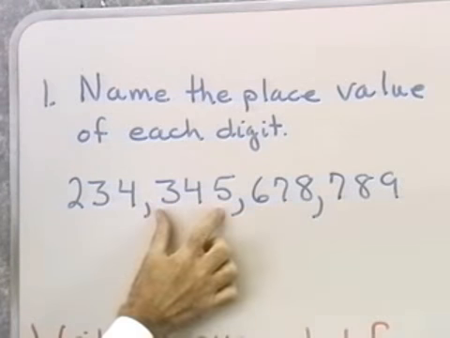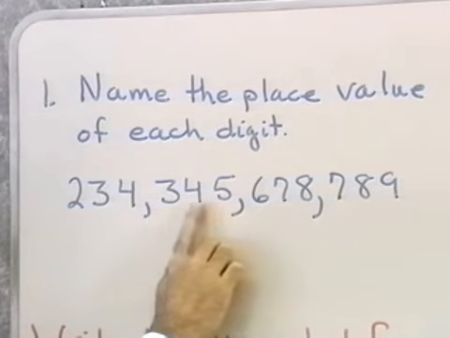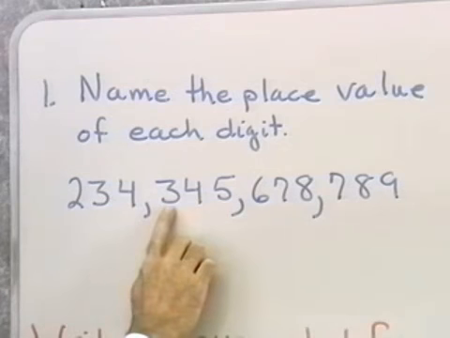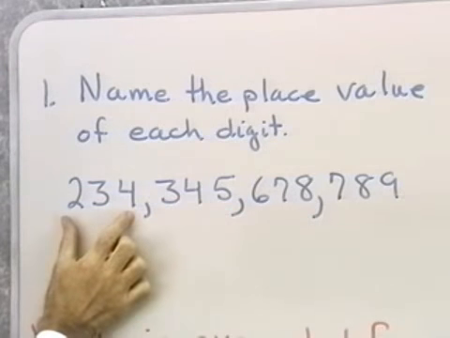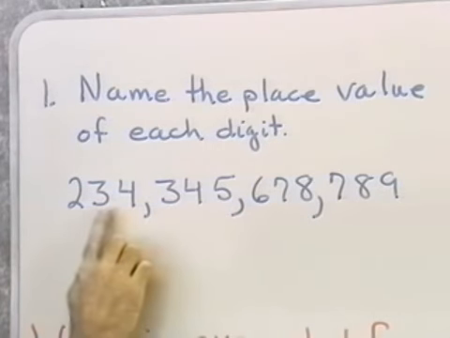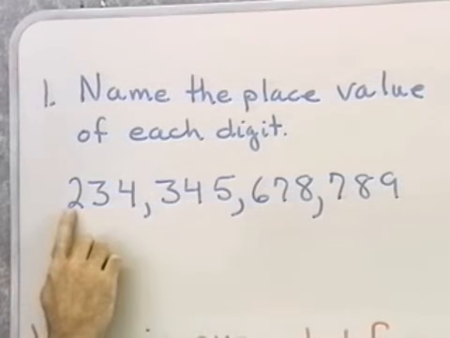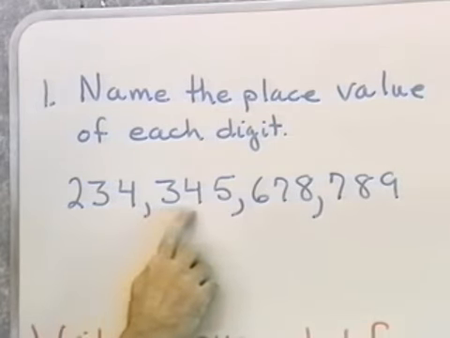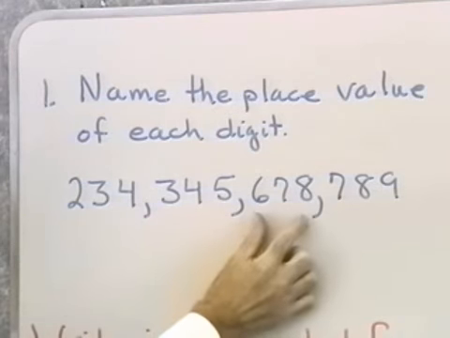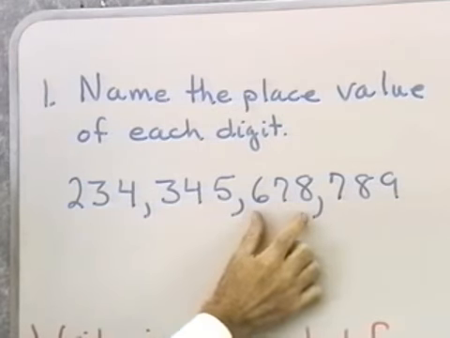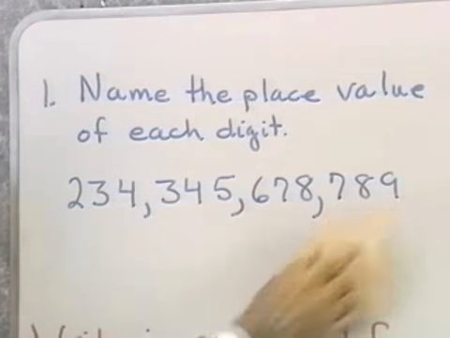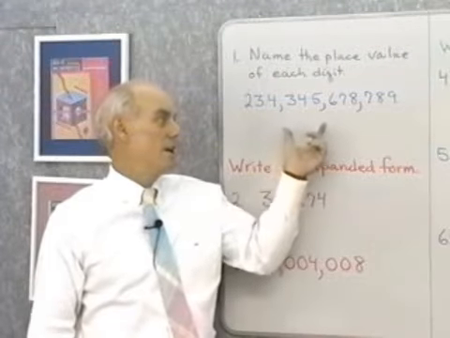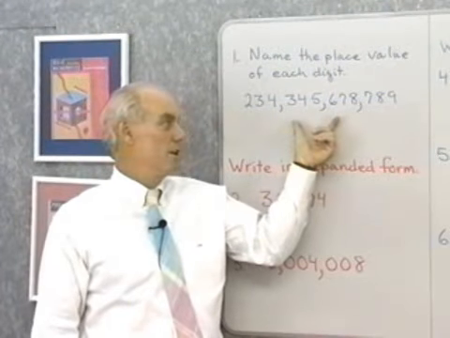Now this is the millions group, so we have millions, 10 millions, 100 millions. And this is the billions group, so we have billions, 10 billions, 100 billions. So we'd say 234 billion, 345 million, 678,789. And that's the way that we would read that number if we were to read it in words.